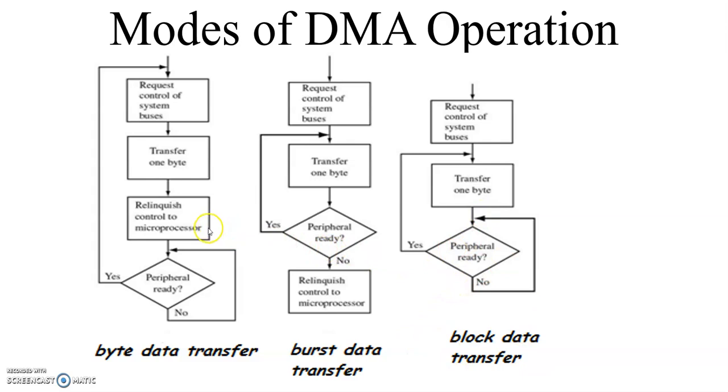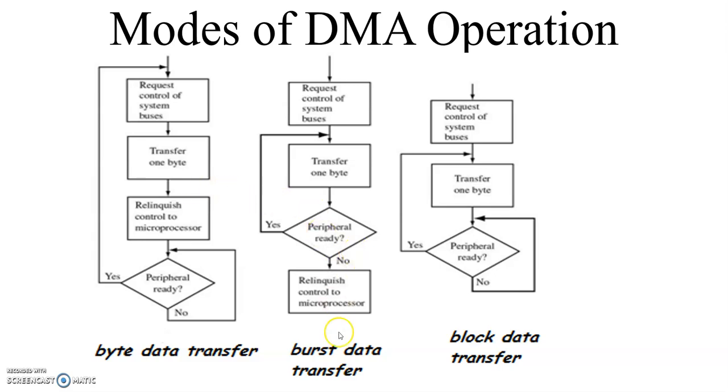Here, the DMA controller requests the address, data and control buses. After transferring the data, it releases the bus to the processor and checks whether the device is ready or not. If the device is ready again, then it puts the request for the address and data bus.